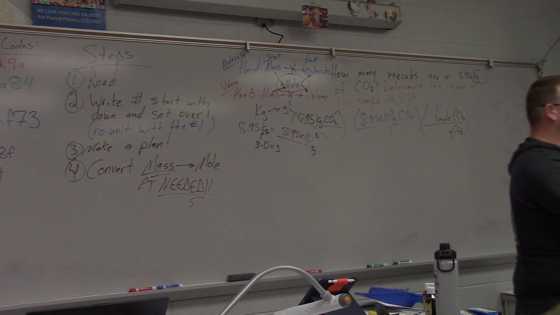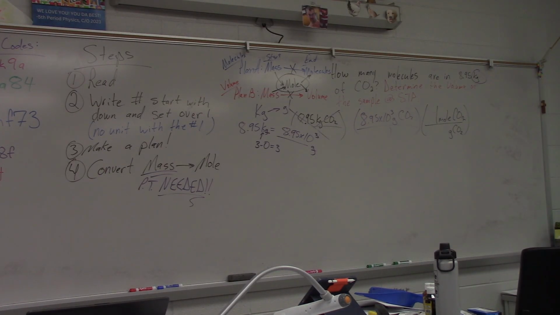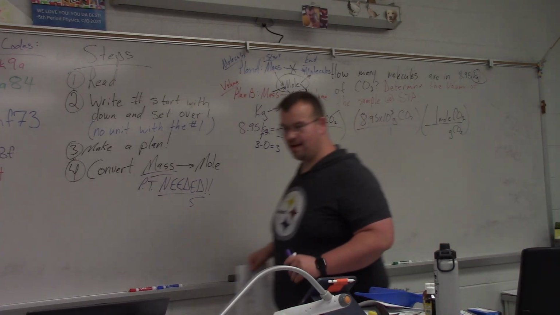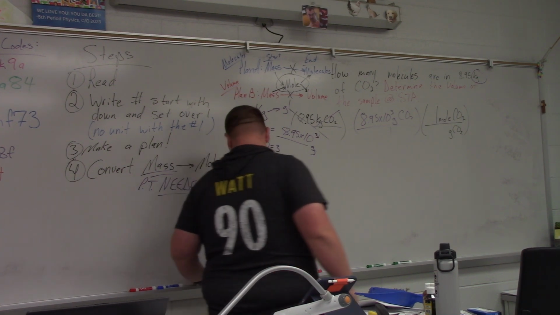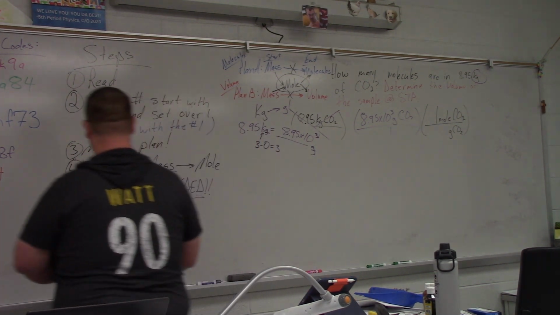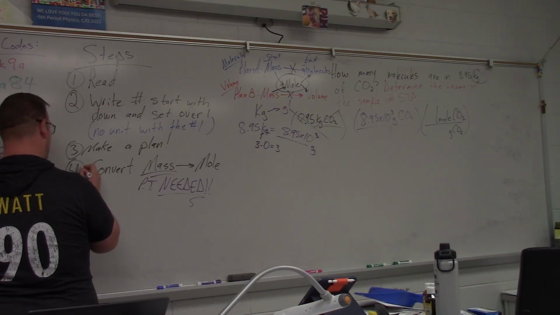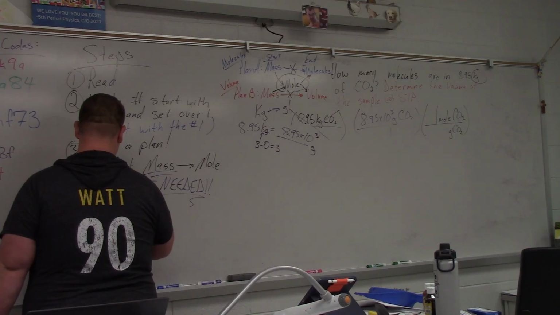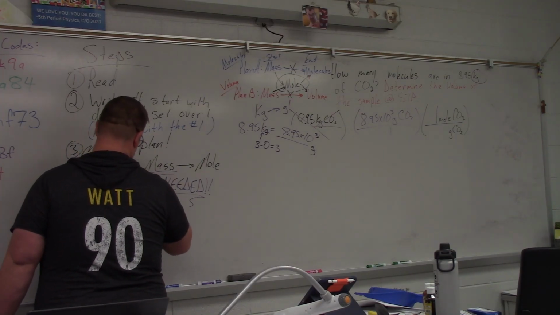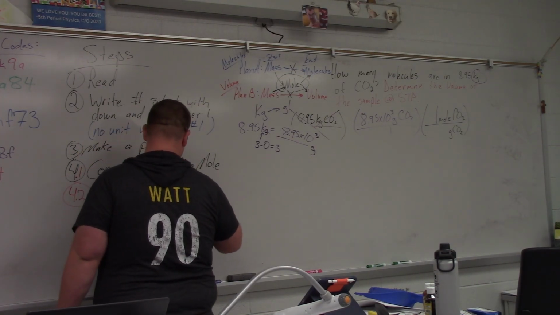It's CO2. Average atomic mass. So we're going to use the average atomic mass off the periodic table to calculate the molar mass, also known as molecular mass. So we set this bad boy up, okay? So to do this, step 4.1, step 4.2. Calculate molar mass. Yes?